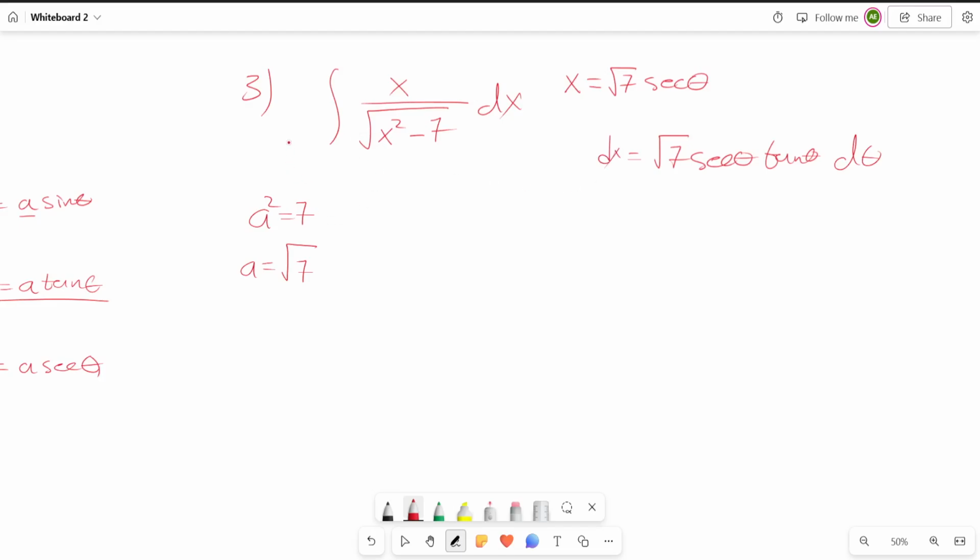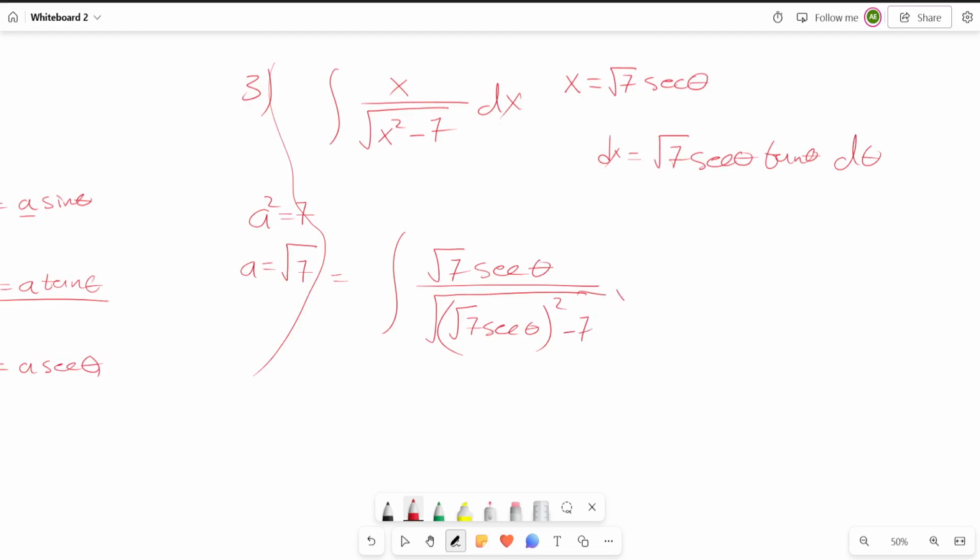Now I'm ready to substitute everything. So this is equal to integration of x, which is root 7 times secant theta, over square root of x squared. So it's root 7 secant theta all squared minus 7 times dx. What is dx? It's root 7 secant theta tan theta d theta.